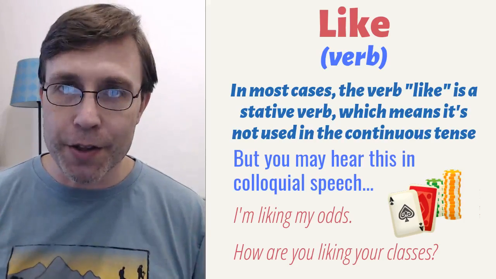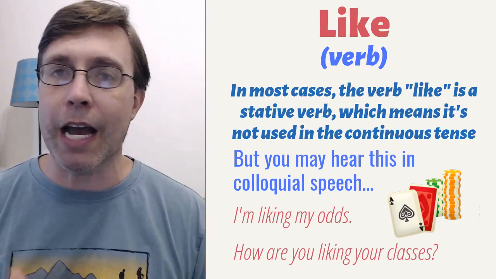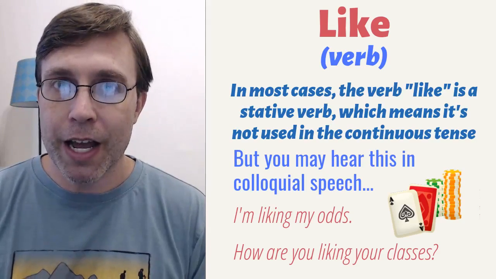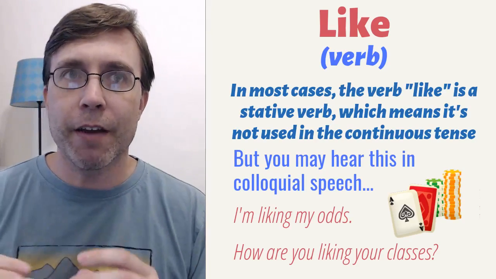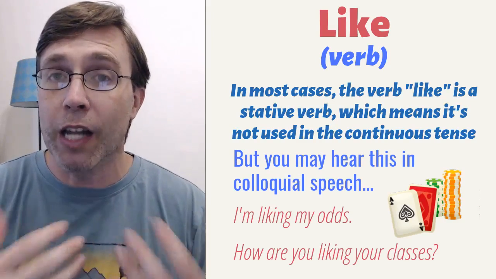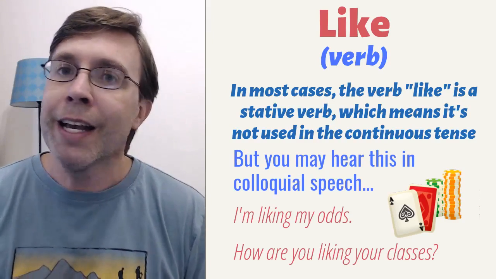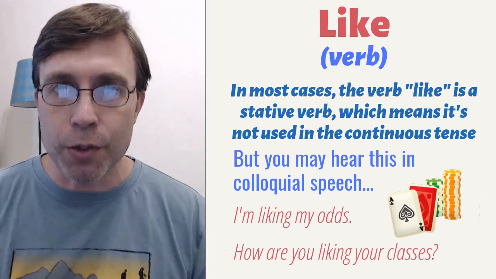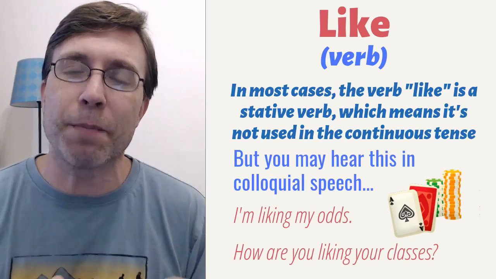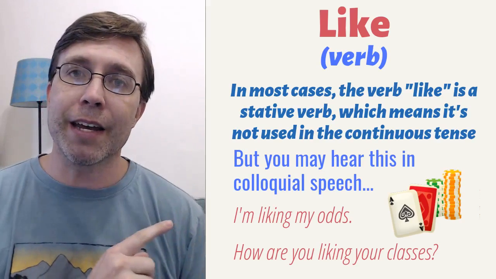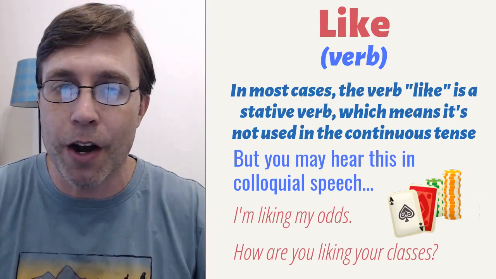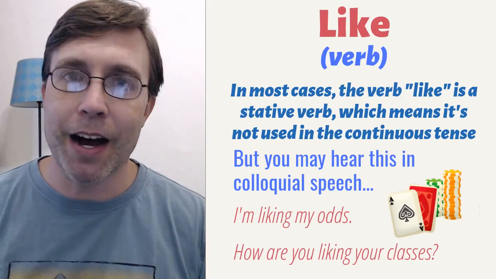You may hear this in just informal, casual, and colloquial speech. And this is a way that the language is changing, because in grammar books, if you talk about something that you like to do or you like doing, they would say don't use it in the continuous tense, but you might hear people use this if you're watching a TV show or a movie. And I gave you some examples. Somebody would say, I'm liking my odds.